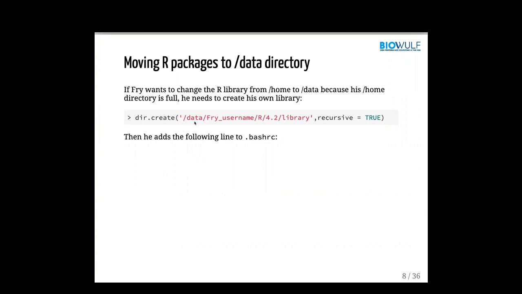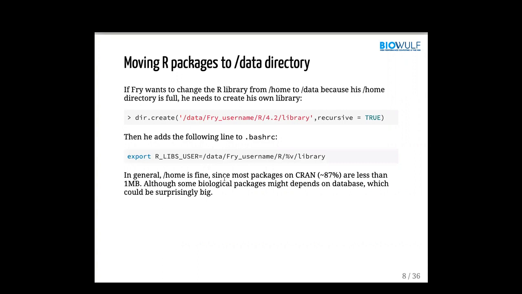So, for example, if Fry wants to move the directory to data instead, he will create it using bash or run this script inside of R to create a directory. And the next thing is you change the environment to set up R_LIBS_USER from home to data. And again, you don't have to assign it; this will pick up your library automatically.